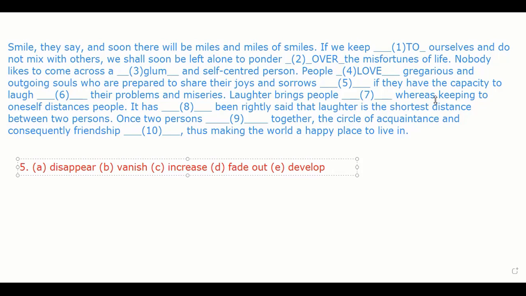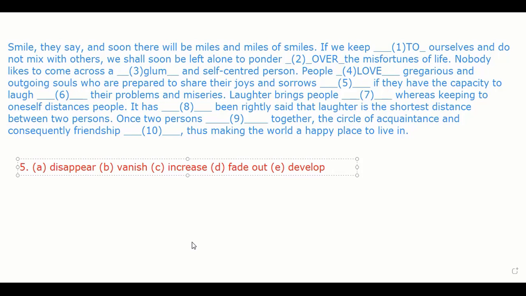Okay, that's okay. Devendra, tell me your comments now. Sir, maybe vanish, because I think fade out is a slow process, vanish is a very quick process. Yes. So when you love people, you forget their sorrows.